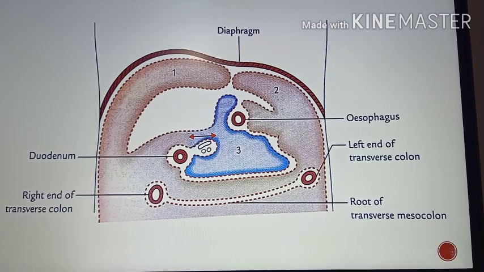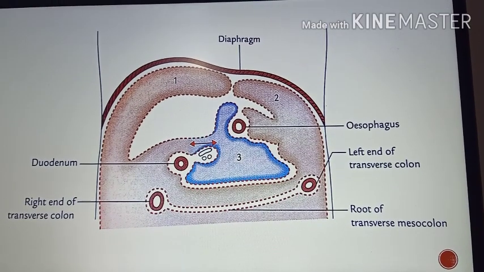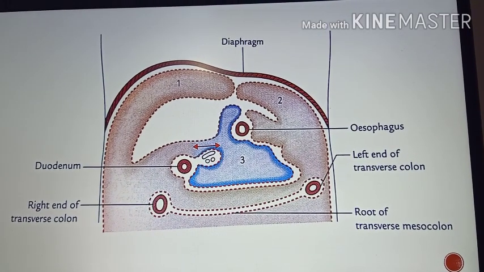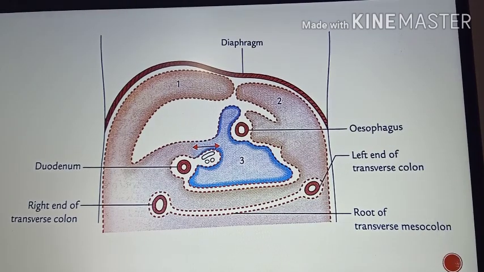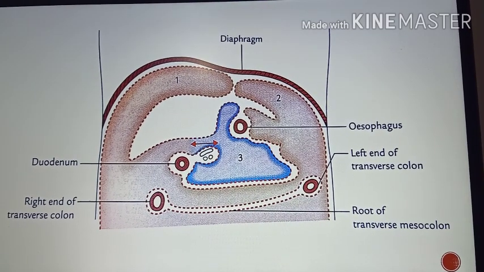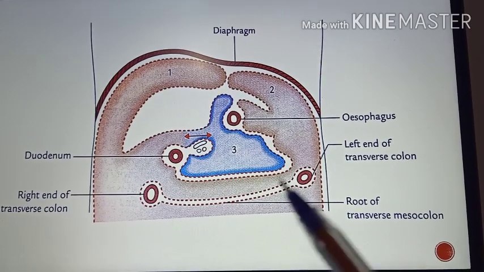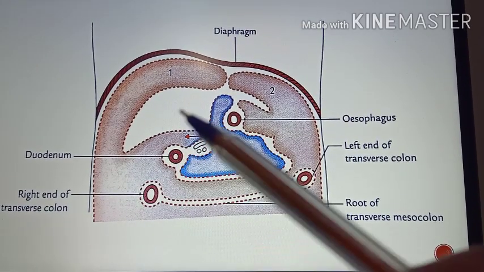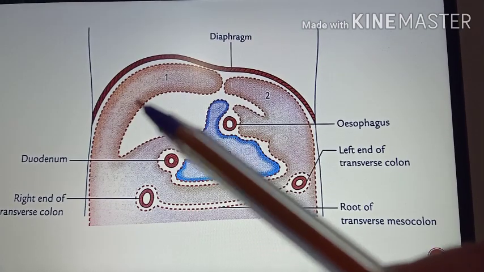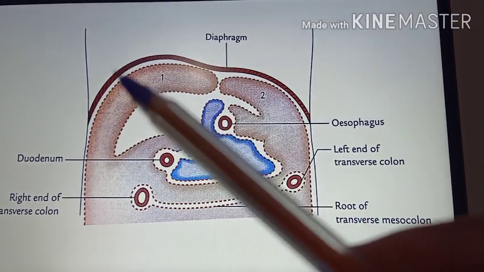Coming to the extraperitoneal recess, we have the right extraperitoneal space as well as the left extraperitoneal space. The right extraperitoneal space is a space between the bare area of the liver and the diaphragm.